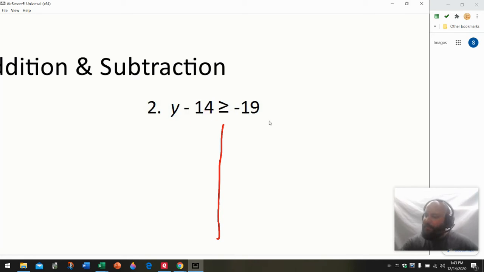So I'm going to add 14 to both sides. And those two 14s cancel. I'm left with y on this side. Negative 19 plus 14 is negative 5. And then the sign just drops down. So our answer is y is greater than or equal to negative 5.